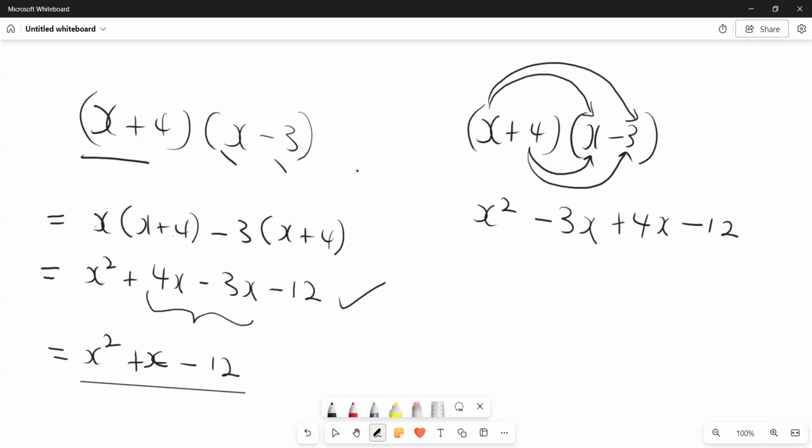So this is the same as that, even though the minus 3x is in front. If you simplify it, you get x squared, minus 3x and 4x will give us positive x, minus the 12. It's not in the course outline, but I'm just showing you.